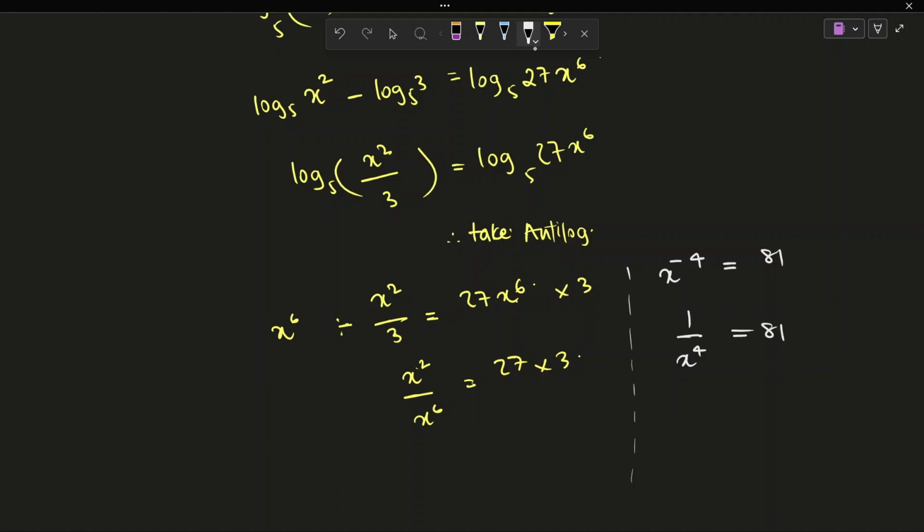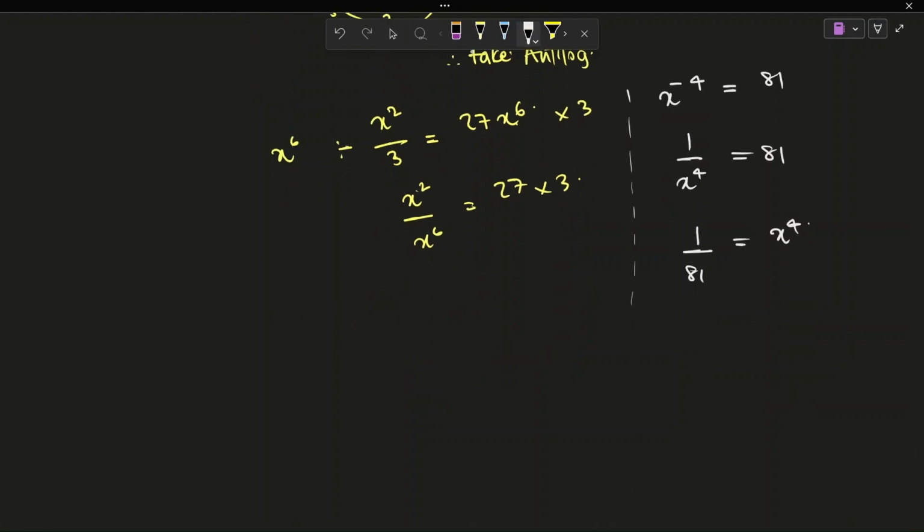Let's just switch 81 and x to the power 4, multiply and divide. So 1 by 81 equals x to the power 4, and now for the last step we're going to take the 4th root, and that's going to give us 1 by 3 equals x.